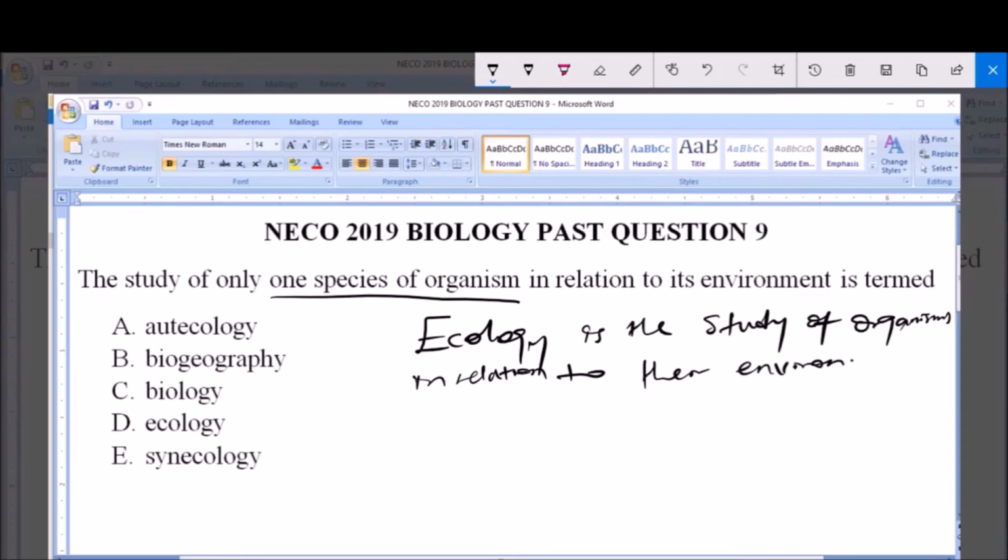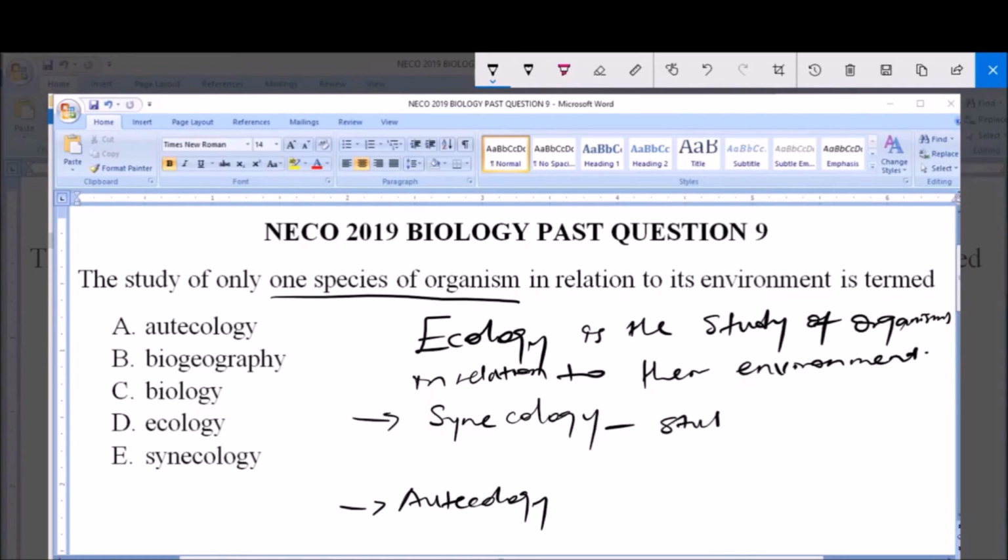Now ecology is divided into two, basically synecology and horticology. Synecology deals with the study of the interaction between natural communities and their environment.